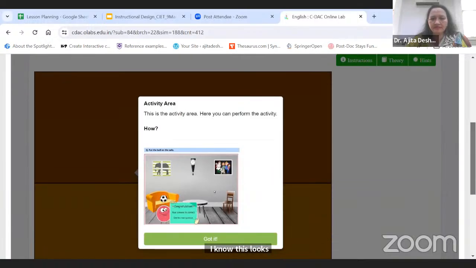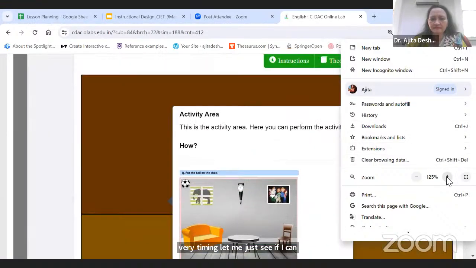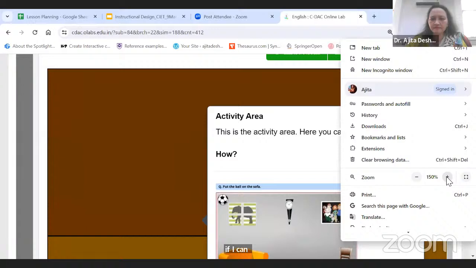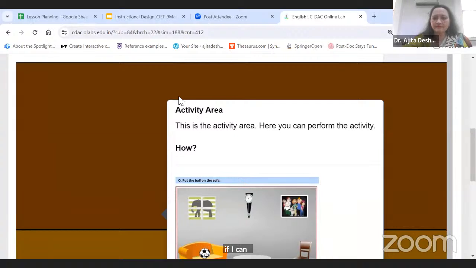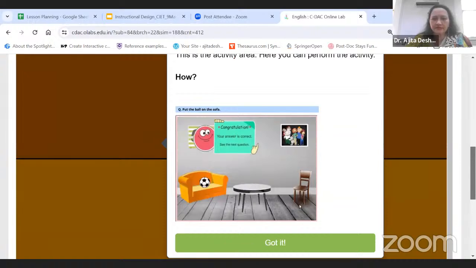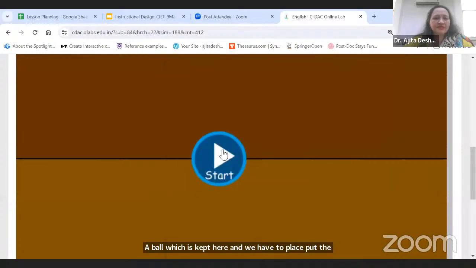Let me just see if I can increase the size. So here is a ball which is kept here, and we have to put the ball on the sofa. Okay. So we will start the activity.